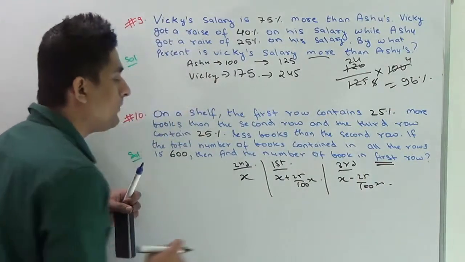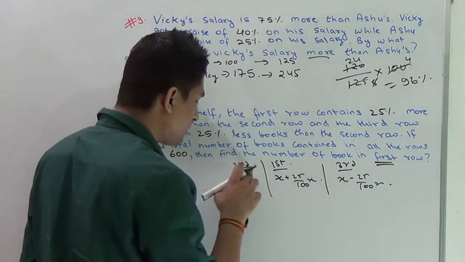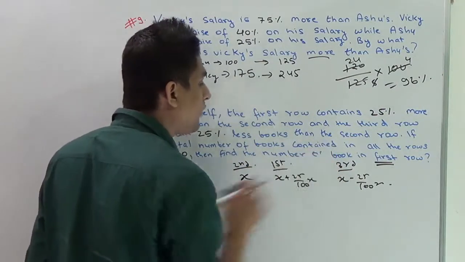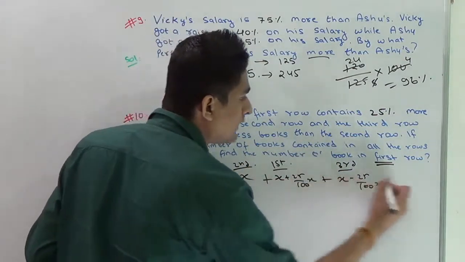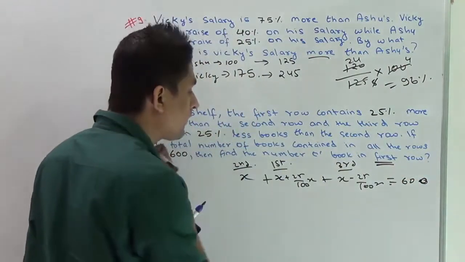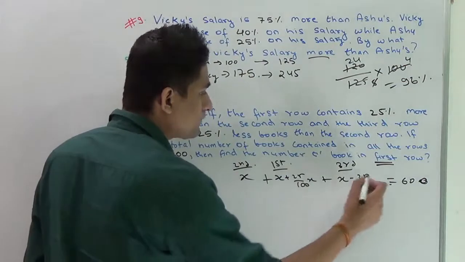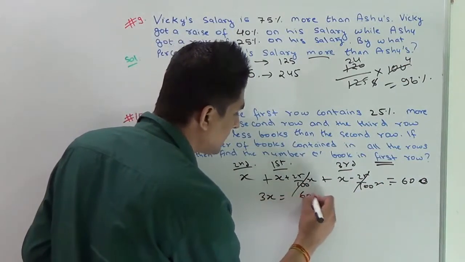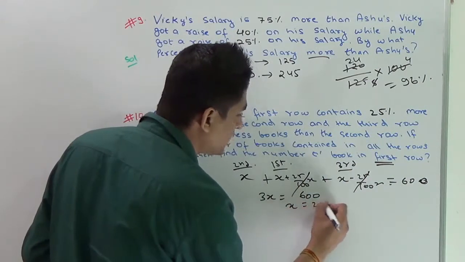In the combined form, second plus first plus third, the total number of books is 600. So I add all this up and it is equal to 600. If I simplify it, the value of x will come out to be 200.